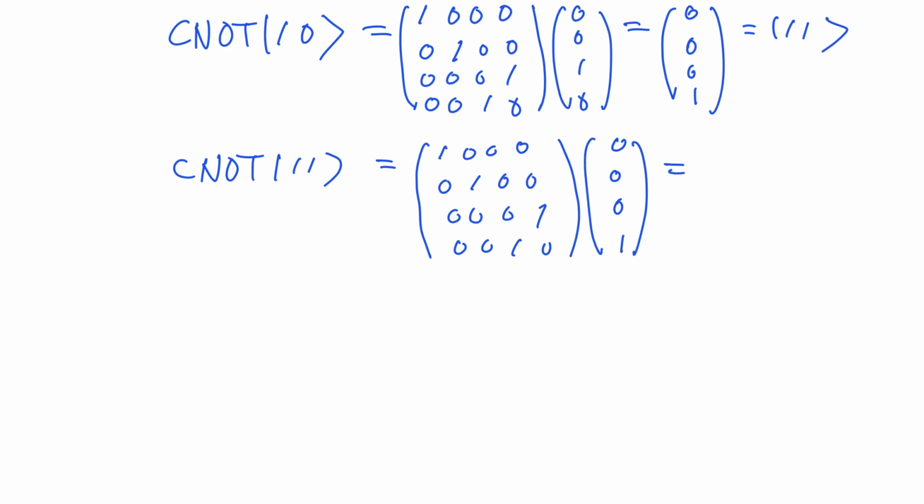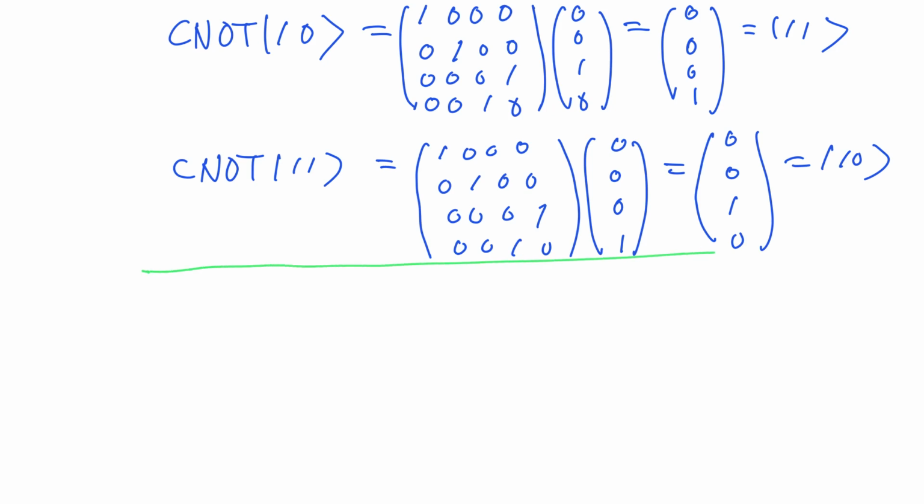The last row, this column, 0. 0, 0, 1, 0, right? Which is 1, 0. Oh, which is a little bit interesting now. So let's summarize.